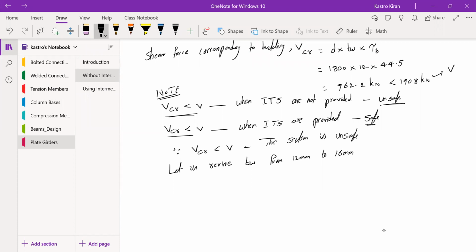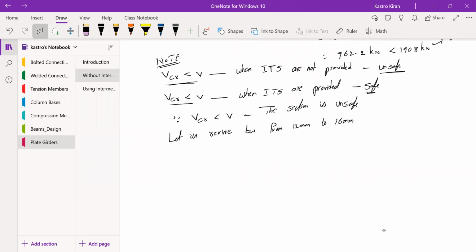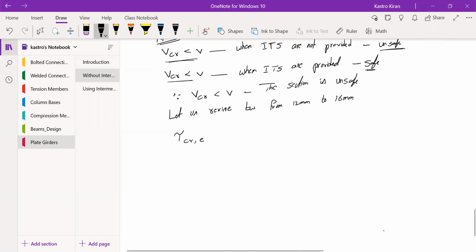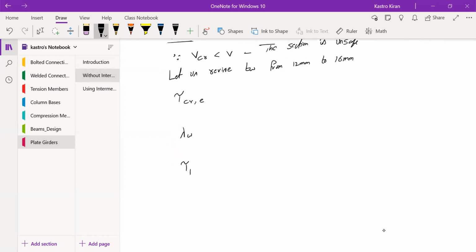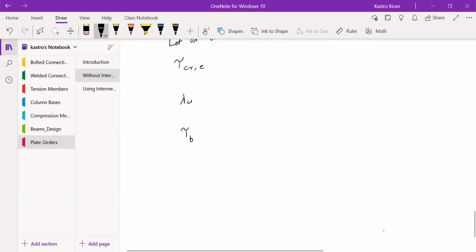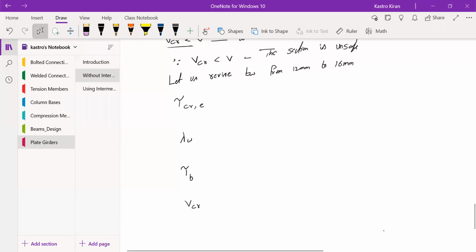Now again you have to calculate the value of tau CRE, which is the elastic critical shear stress, then find the value of lambda W, then the value of tau B, and then the value of VCR. By using the revised thickness of the web, that is 16 mm, you have to find all these values.